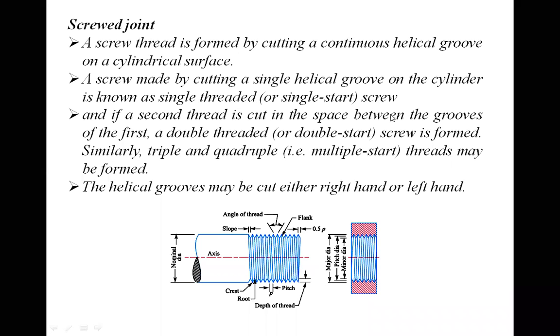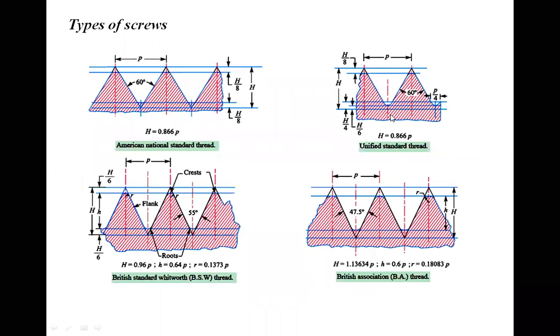Next to that, as far as types of screws are concerned, these are some standard types like American National Standard Thread, Unified Standard Thread, or British Standard Whitworth, or British Association Thread. In all these different types of thread, the important thing is the included angle. For standard thread, the included angle of the thread is 60.